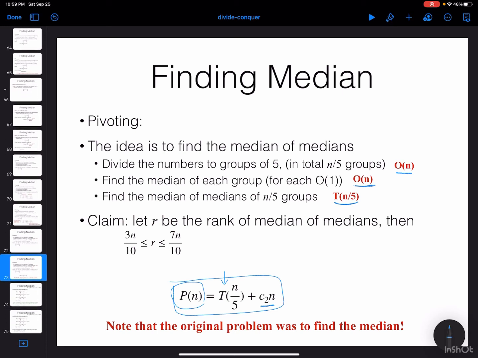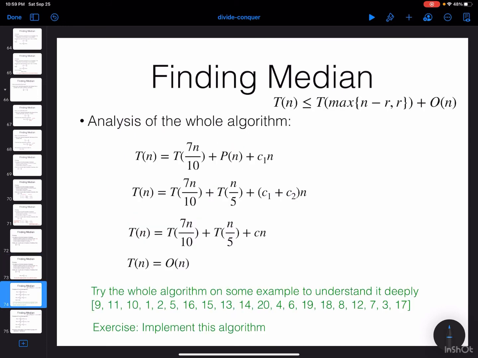Okay, so now I'm going to take this one and put it inside the relation that we found originally for finding the kth smallest item in n items.